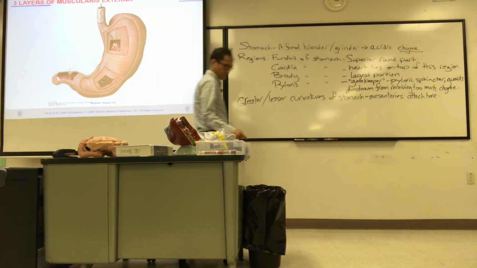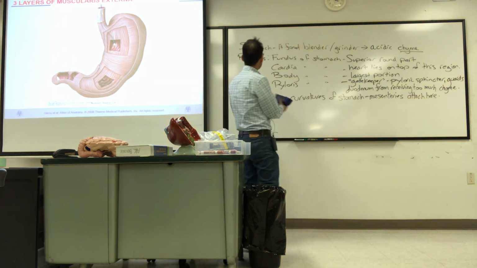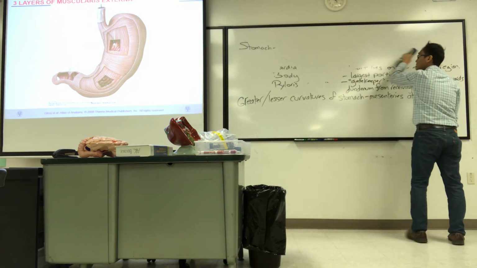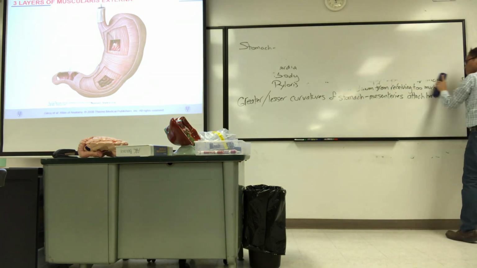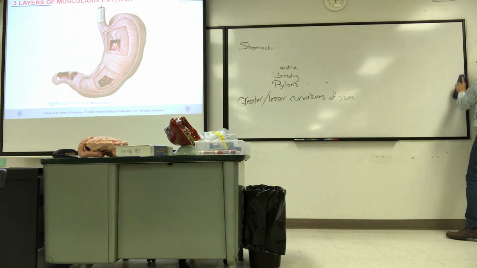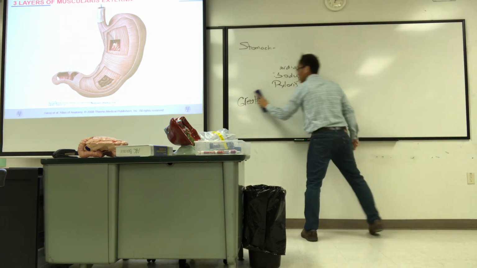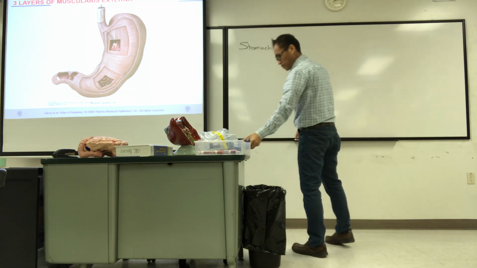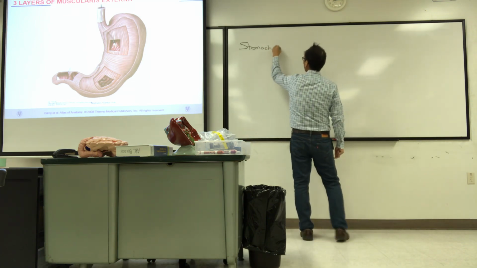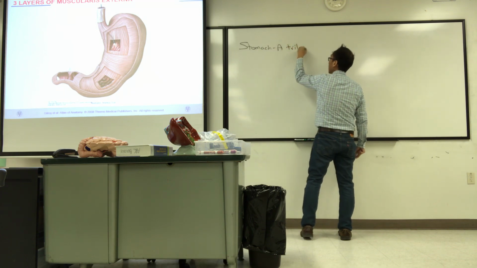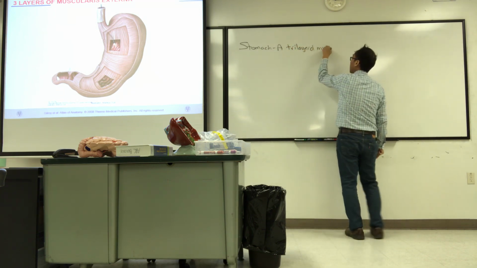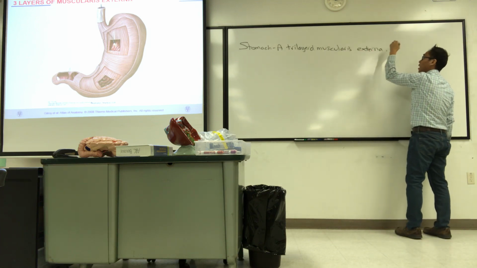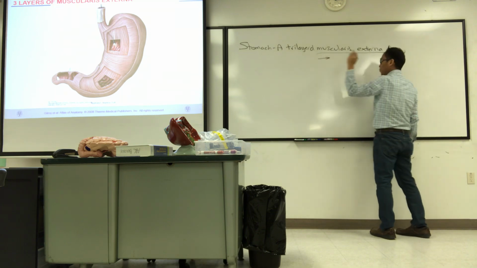So in the stomach, you have 3 layers of muscularis externa. Trilayered muscularis externa.